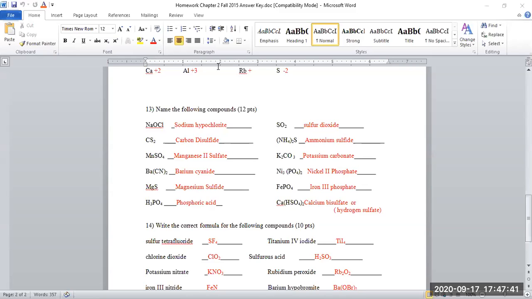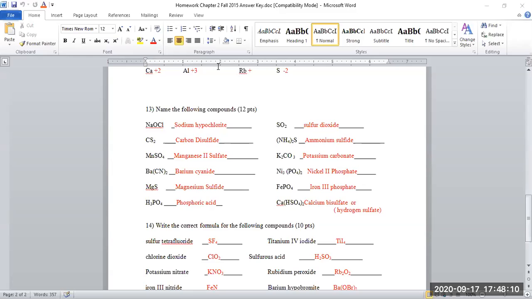Ni is nickel, and because it is stuck to 2 phosphates, it is a nickel 2 phosphate. And the one below it is an iron 3 phosphate because phosphate has a -3 charge. That means your single lonely iron atom must have a +3.